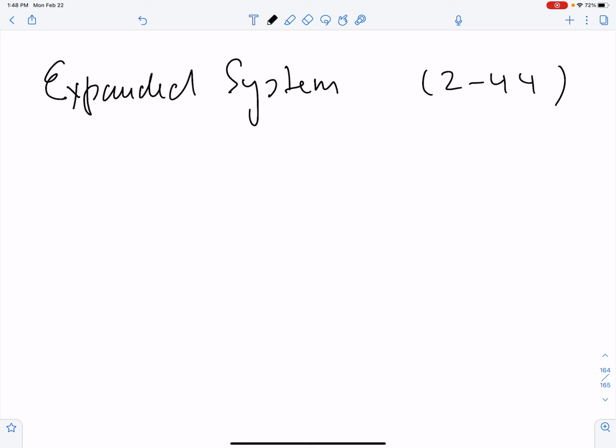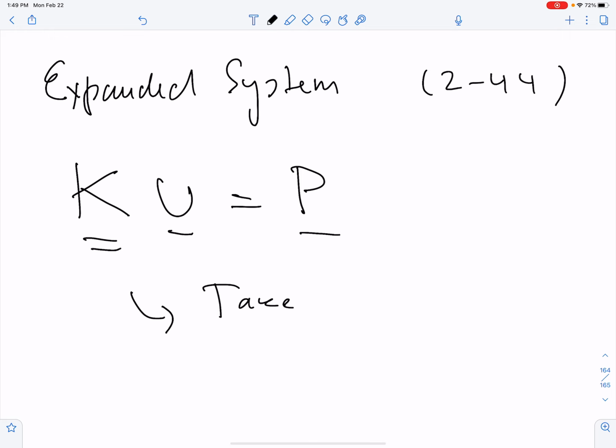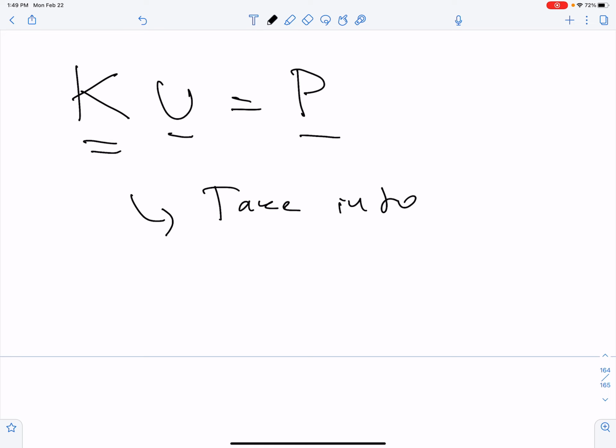Okay, and so the expanded system looks at a full structure. Okay, K U equals P, where we take into account all degrees of freedom, whether these are restrained or whether these are free.